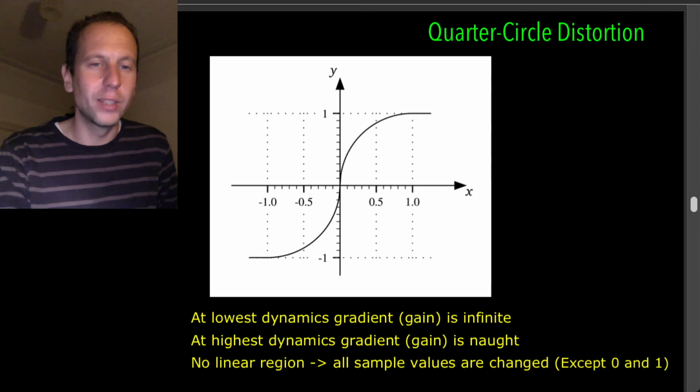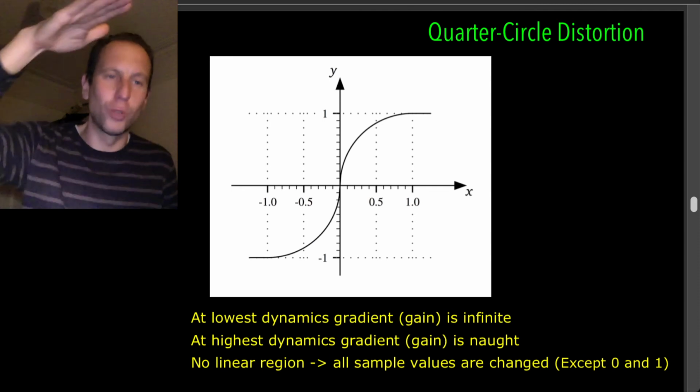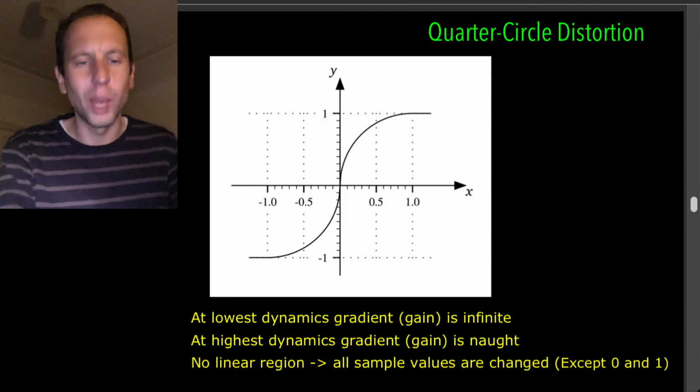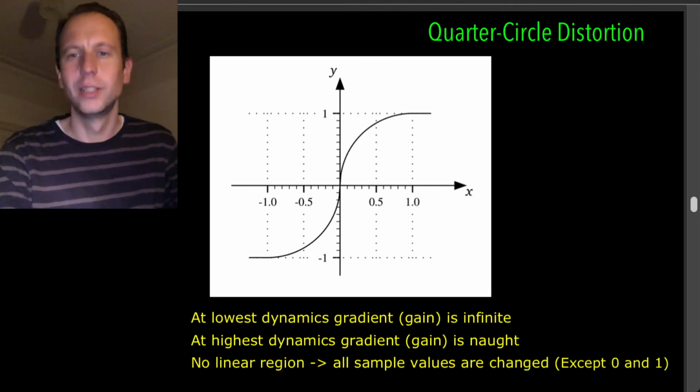So you get a kind of really pushing the soft dynamics, and then the loud dynamics are squashed back again. So it's a kind of compressing thing from both sides. So it's not just squashing from above, but it's pushing from below.